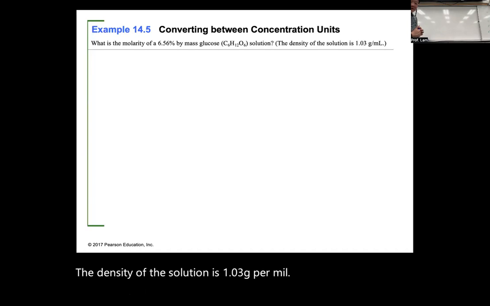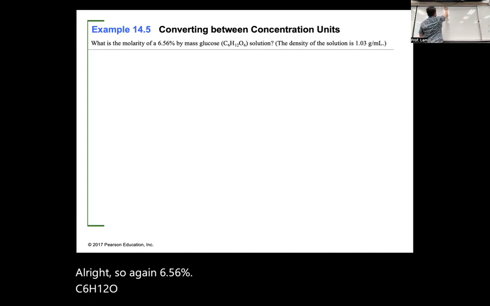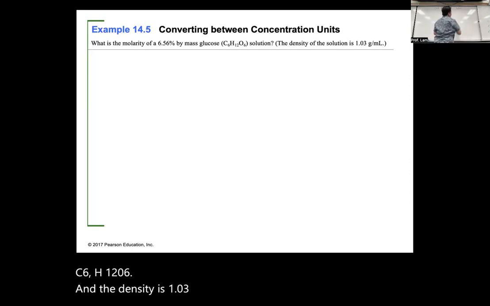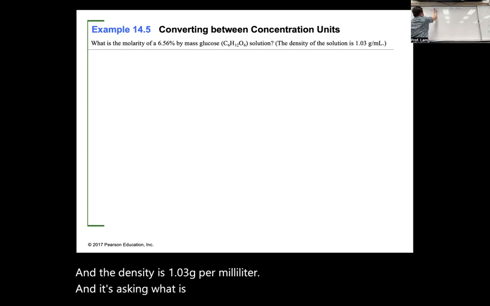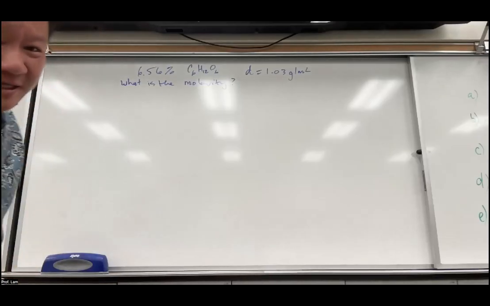All right, so again, 6.56% C6H12O6. And the density is 1.03 grams per milliliter. And it's asking, what is the molarity? Let's see how we can do this.